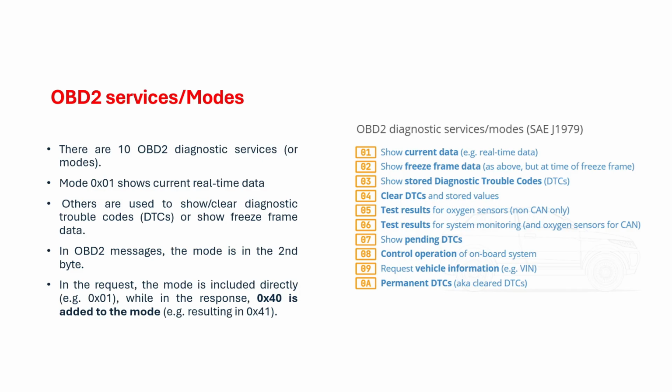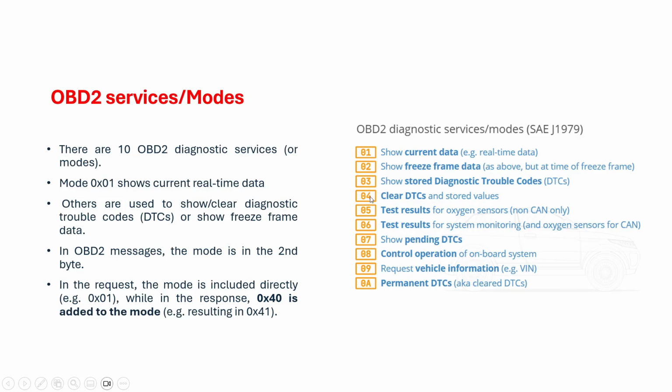It is used to freeze all the currently running diagnostic procedures and take a snapshot of what is going on. Mode 3 is used to extract the stored diagnostic trouble codes. If some diagnostic trouble codes are already stored that you want to extract, you can use mode 03.